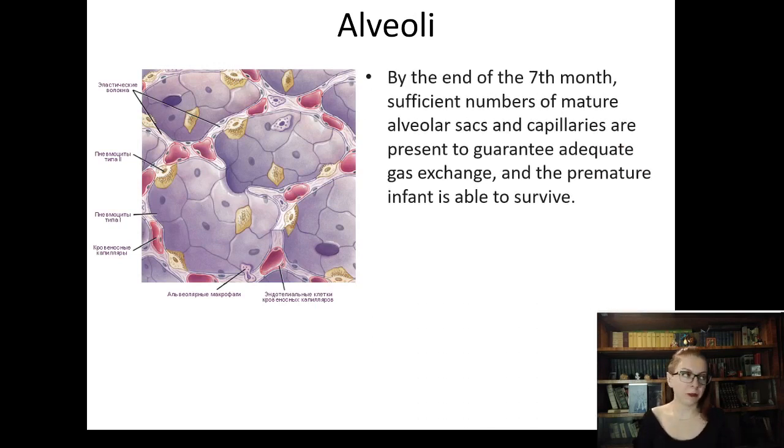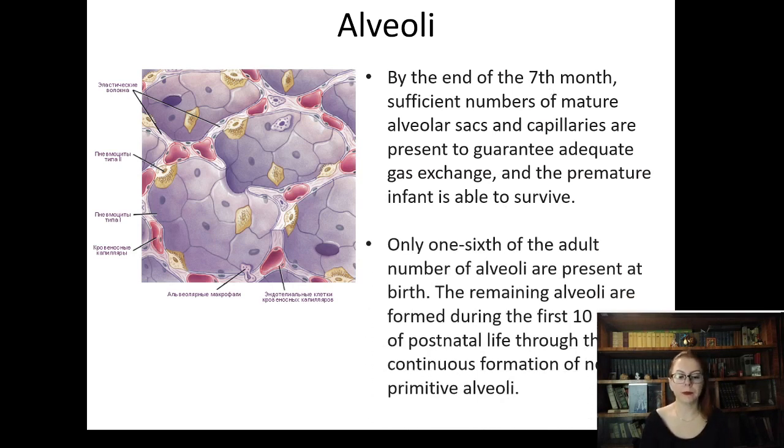As for embryonic development, as I told you, we are going to return to different aspects along the lecture. Alveoli develop at the end of the 7th month in a number enough to provide the exchange of gases. So it is important in neonatology to understand when the respiratory system is ready for birth. To survive, at the end of the 7th month, alveoli are formed.